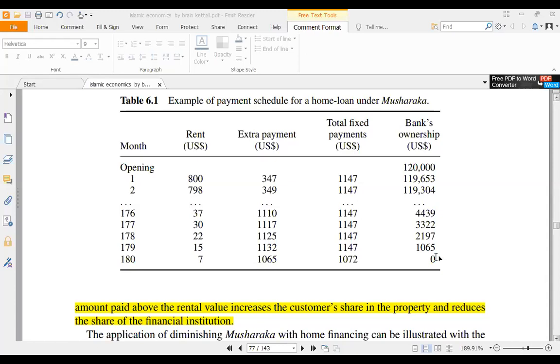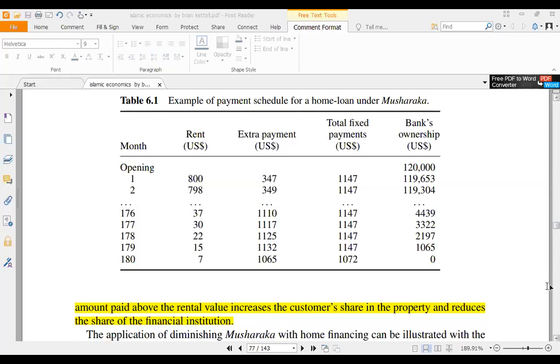He will be given some extra time for the payment. But if he is found negligent, then the bank can implement some penalty. But that penalty will go to the charity account, not to the bank, because if this extra amount goes to the bank, then it will be considered interest. This extra penalty amount will be considered charity, and it will go to the charity account, not the bank account.